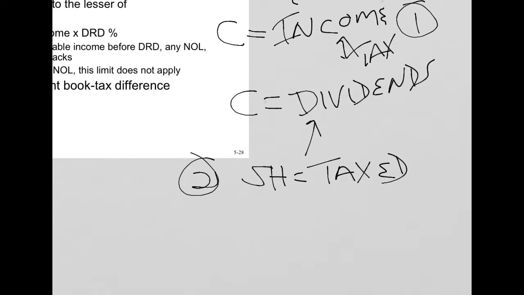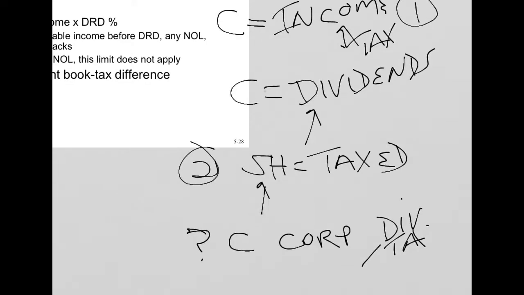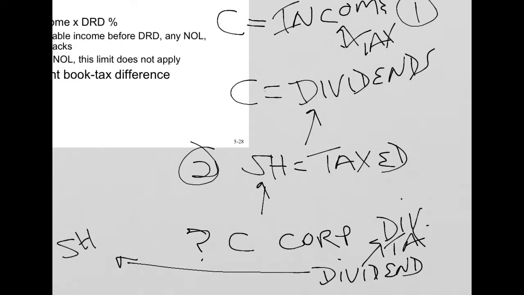What if the shareholder was itself a C corporation? What happens then? The C corp, in this case, would pay tax on that dividend. Tax number 2. But then that C corp goes and pays a dividend from those earnings to its shareholders, and they pay tax, because that's what C corporations do.